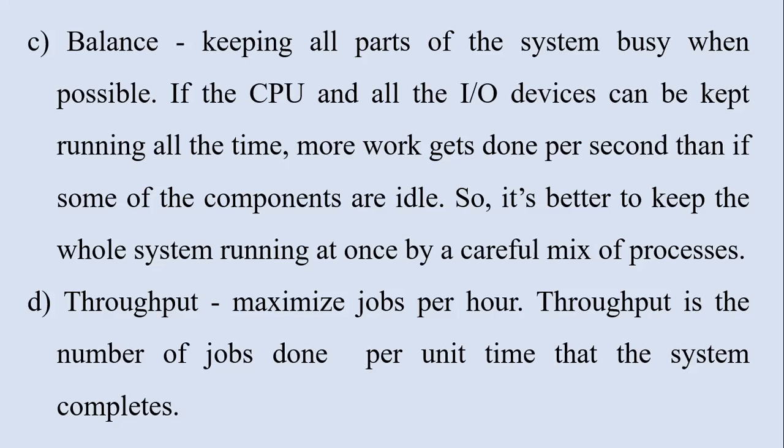So it's better to keep the whole system running at once by a careful mix of processes. Number 4 is throughput. This is maximizing jobs per hour. A system's throughput is the number of jobs that the system completes per unit time.